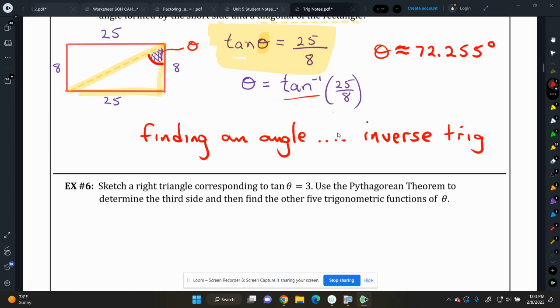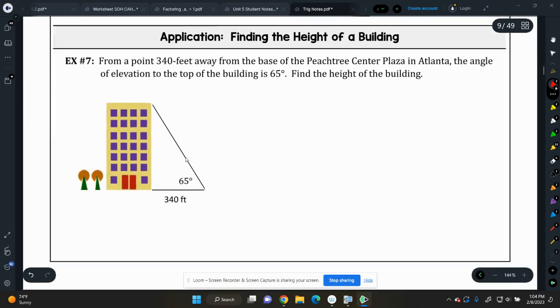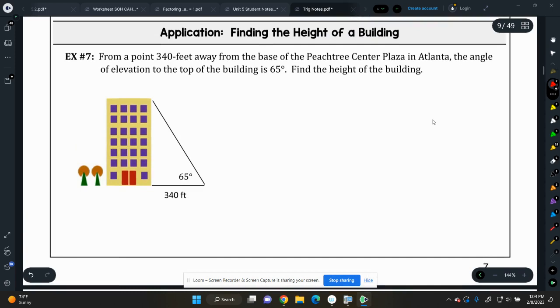Okay, let's jump down to example 7. From a point 340 feet away from the base of the Peachtree Center Plaza in Atlanta, the angle of elevation to the top of the building is 65 degrees. When we talk about the angle of elevation, think of it as if you were laying on the ground and looking up.